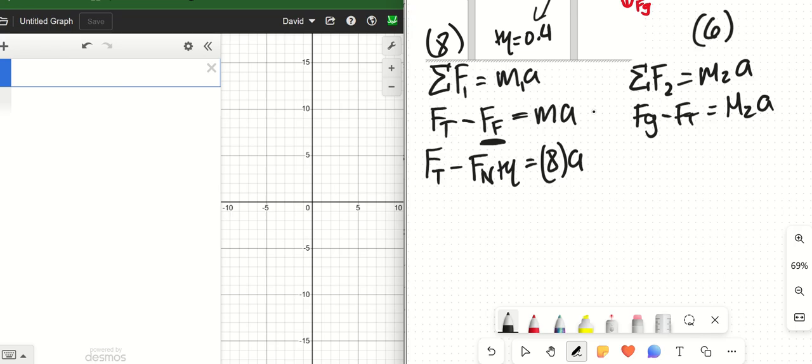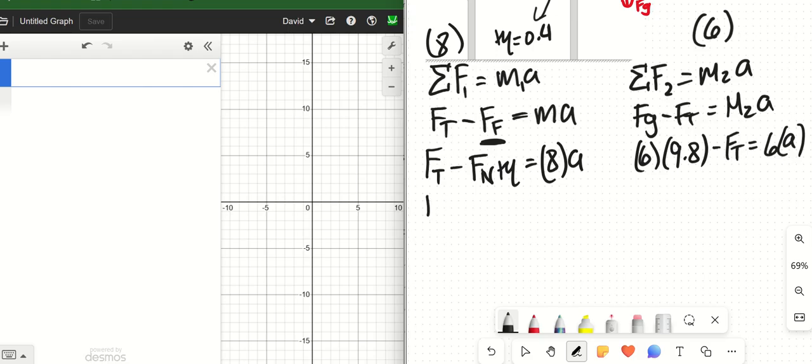So our second mass, our force of gravity is our mass times gravity, so this is going to be 6 times negative 9.8. Actually, because we're looking at this in the clockwise direction, that's not a negative value. That's just going to be regular 9.8, saying that it's accelerating in the direction that we're calling positive. Minus the force of tension that we don't know is equal to, our mass is 6, our acceleration is another unknown.